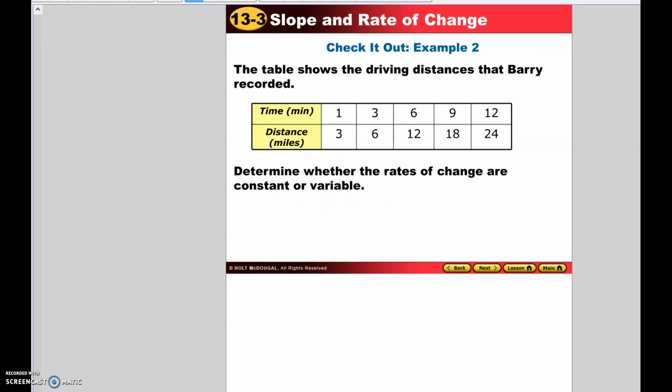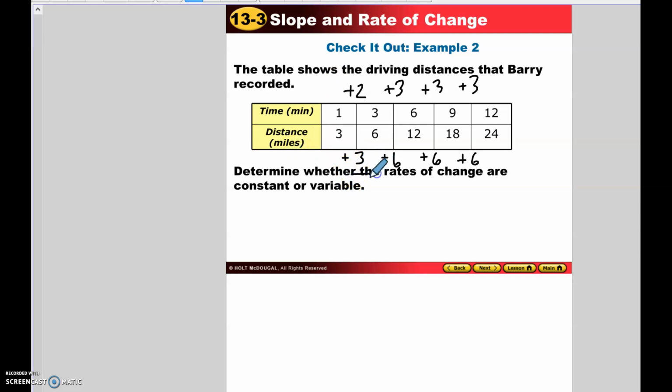All right, you guys try this one. See if this is constant or variable. Okay, pause the video and see if it's constant or variable. Okay, up here we're adding 2, then 3, then 3, then 3, and down here we're adding 3, then 6, then 6, then 6. Okay, we're going to put the change in y over the change in x, or the change in distance over the change in time.